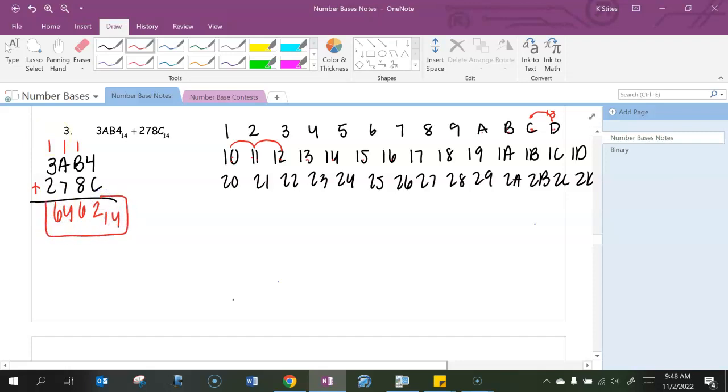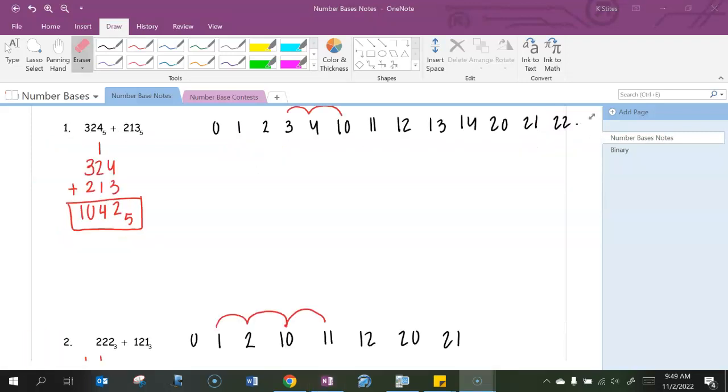All right, so that's how we're going to add bases. One more thing, if you don't like this counting method, you think it takes too much time, there is something else you can do, and that's converting the bases in your head like we did in previous videos. For example, up here we did 4 plus 3, and we know that 7 doesn't exist in base 5.